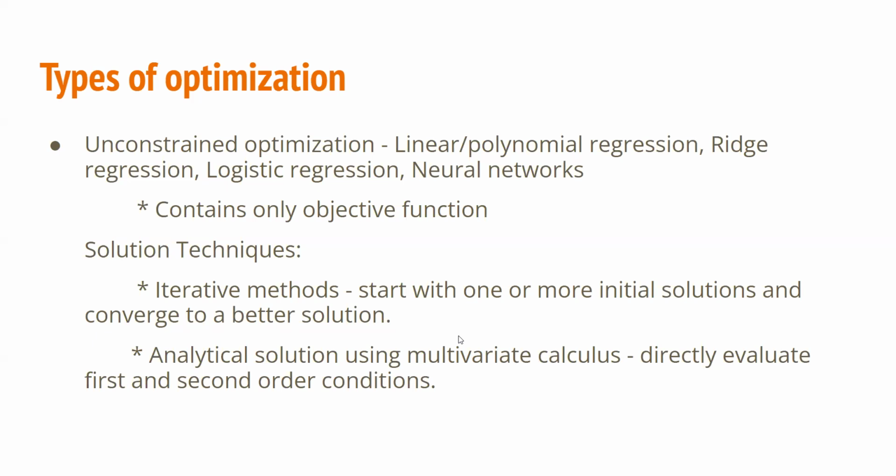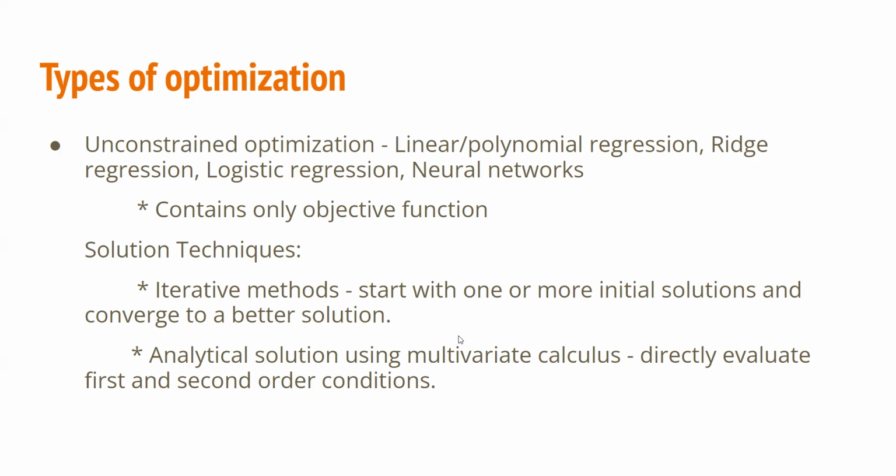You will only get to see the objective function, and you have to optimize it without taking care of any restrictions or limitations. So if you want examples of unconstrained optimization, you can say linear or polynomial regression, ridge regression, logistic regression, neural networks are good examples.